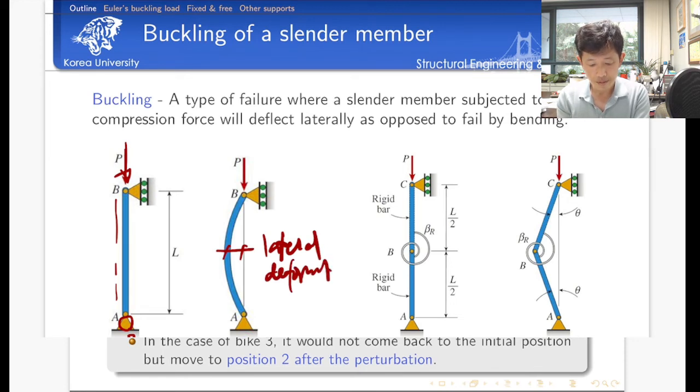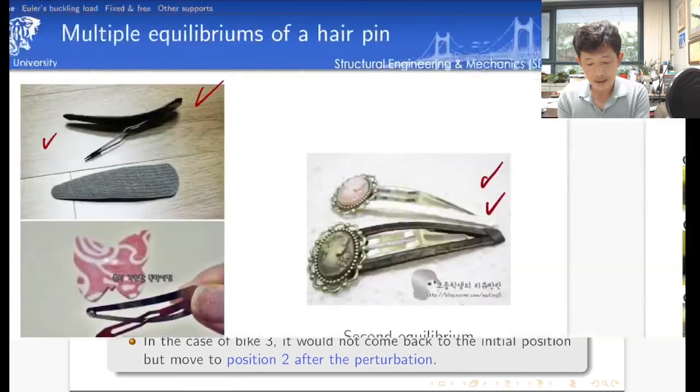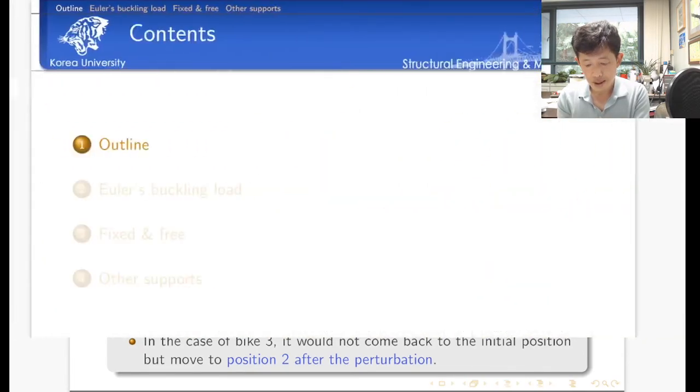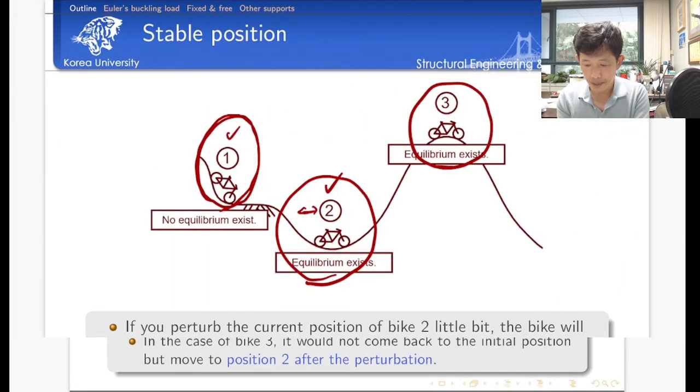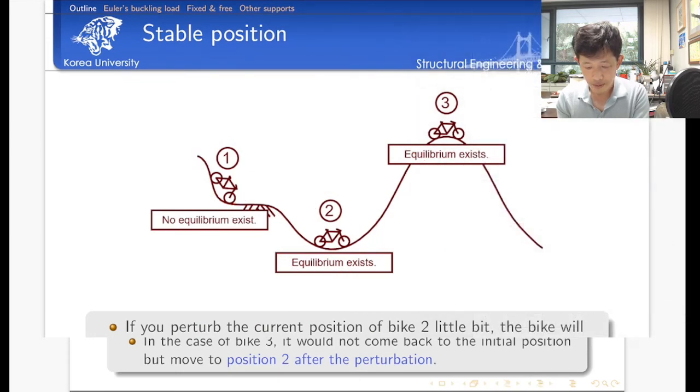Once we have this deformation, this is not an axially loaded member anymore. It becomes another problem. It's like my bike on top of the hill at first. But if you apply a small lateral perturbation, it suddenly moves downward.